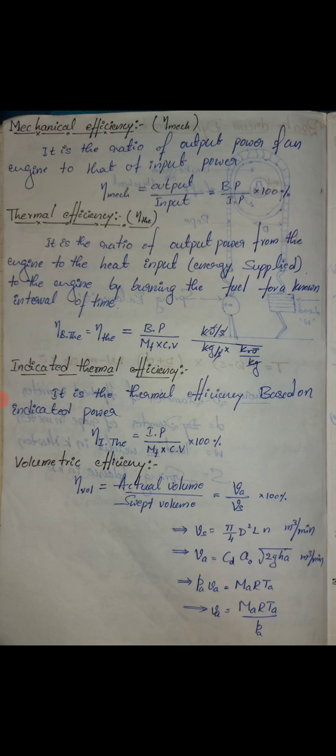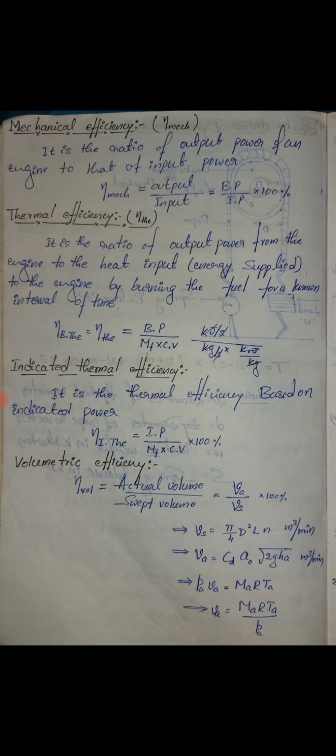So once again go through that previous class. After calculating the swept volume, pi by 4 D square L into n, it is given in meter cube per minute. If you divide by 60, it becomes meter cube per second.